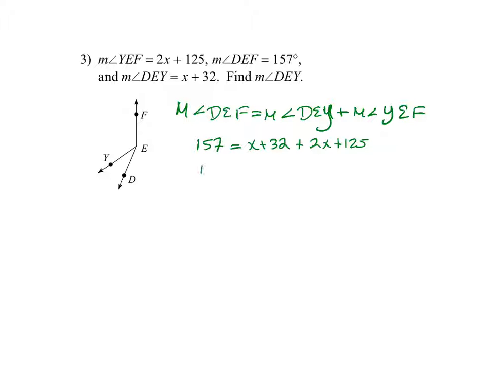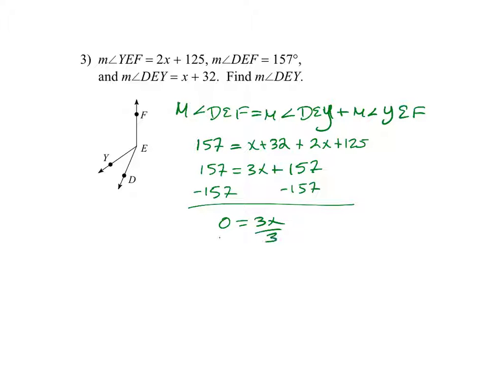So 157 equals 3x plus 157. Subtract 157 on both sides, so 0 equals 3x, and I divide by 3. That means x equals 0. But I want to find angle DEY, so I plug in that information. Angle DEY equals 0 plus 32, which equals 32 degrees. And that's it for this lesson.